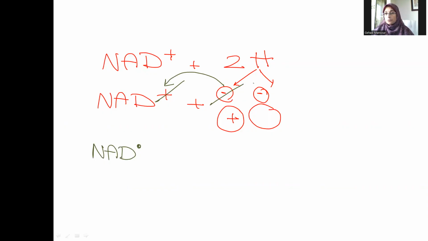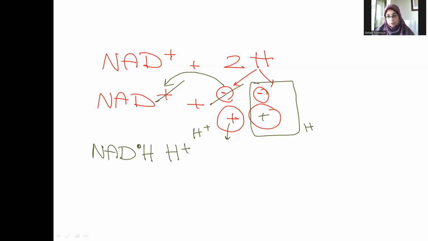What remains actually of the 2 hydrogen atoms is a whole hydrogen atom and a hydrogen atom without an electron. This one can be written H because it is a whole hydrogen atom, and that one can be carried as H+. So actually it is H and H+. So actually what is carried by the molecule of NAD here, if you calculate the electrons and protons that are carried by NAD, you will see that NAD has carried 2, we say it like this.